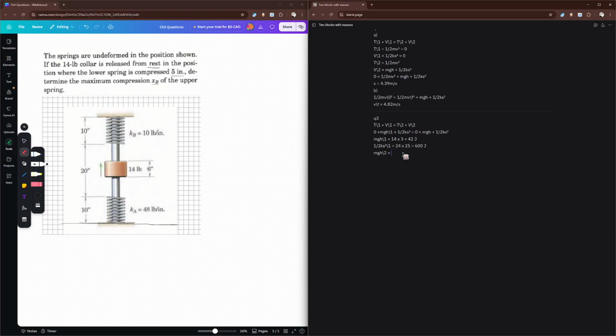So mgh2 is equal to, again, the 14-pound weight. For the distance y here, we're looking for the compression x, which we don't know, so we can call it xb.